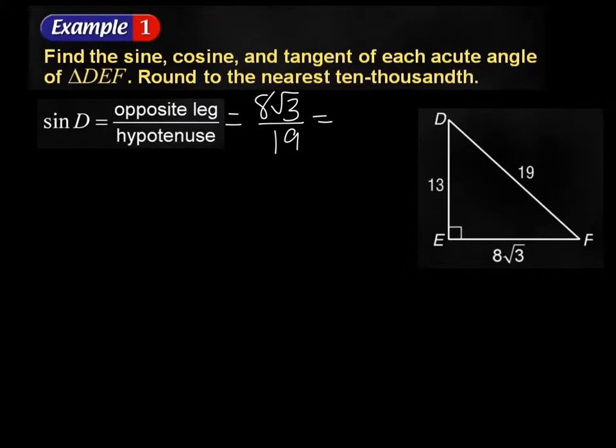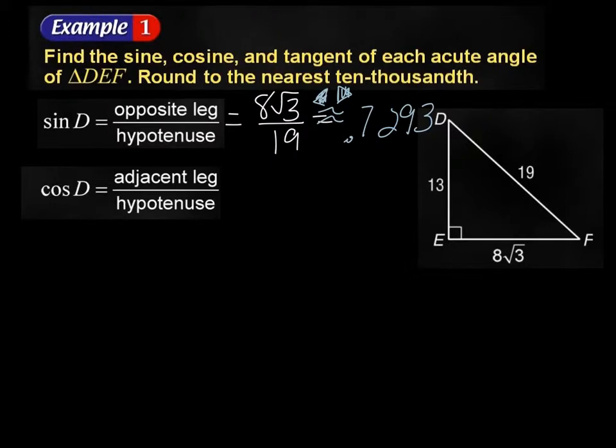If you're using one of the multi-view calculators and you type that in and hit equals, you get 8 square root of 3 over 19. You need to hit the switch-o change-o button, the little double arrow button above the equals, to change it to a decimal. As a decimal, it's approximately, rounding to the ten-thousandths place, 0.7293.